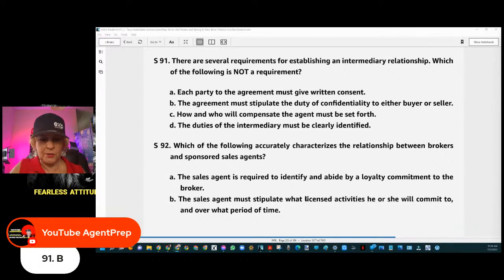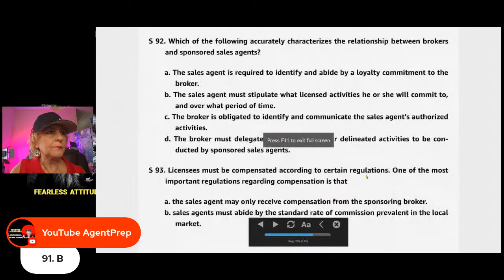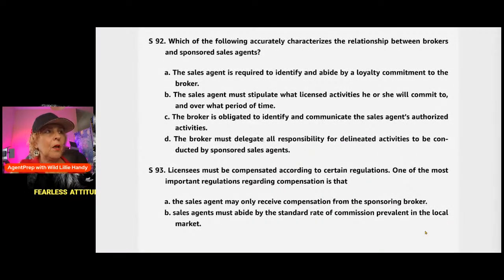So 92. Which of the following accurately characterizes the relationship between brokers and sponsored sales agents? A, the sales agent is required to identify and abide by a loyalty commitment to the broker. B, the sales agent must stipulate what license activities he or she will commit to and over what period of time. C, the broker is obligated to identify and communicate the sales agent's authorized activities.